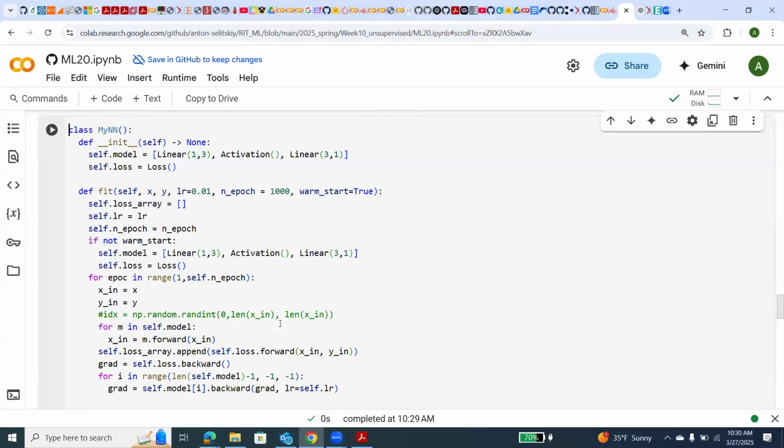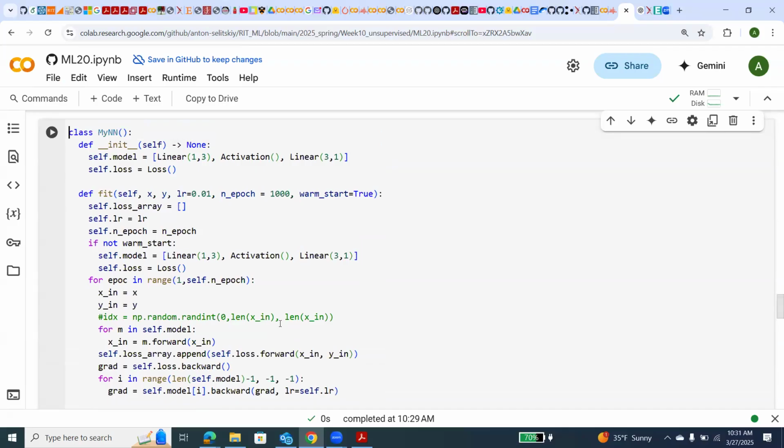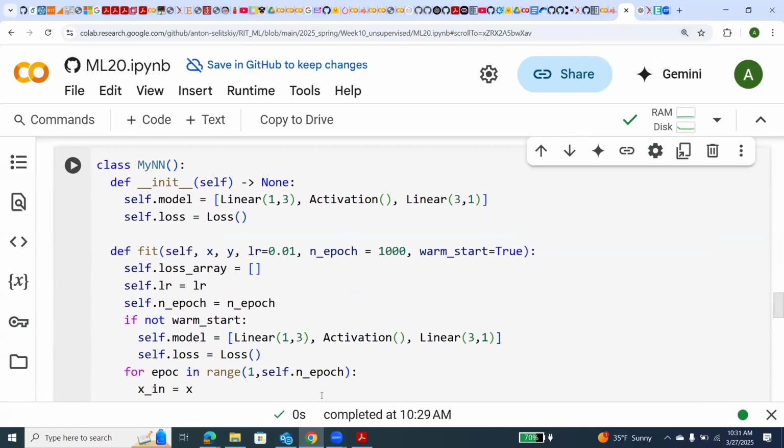So one tip for your homework, maybe instead of writing just for loop, you can create a class. So this class will contain your model, your training loop.